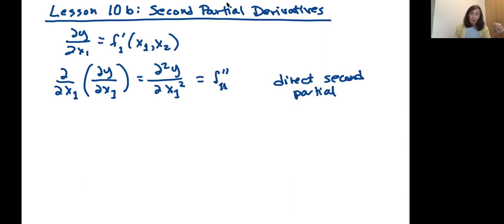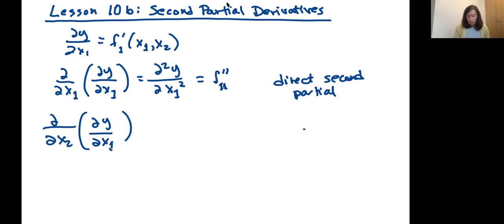We can also take the derivative of the first derivative with respect to x1 with respect to x2. Okay, let's write that. So we can start with this derivative that we're starting with here, the derivative with respect to x1, del y, del x1 here. And now we can take its derivative with respect to x2, right?